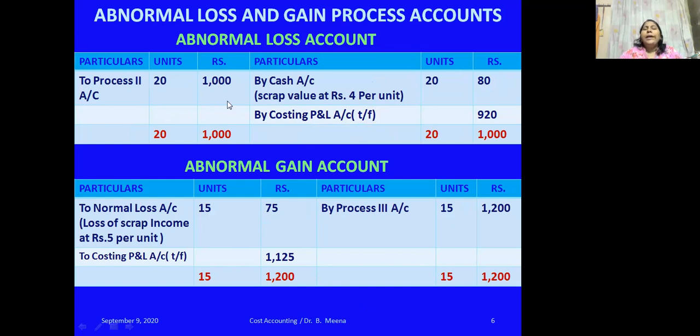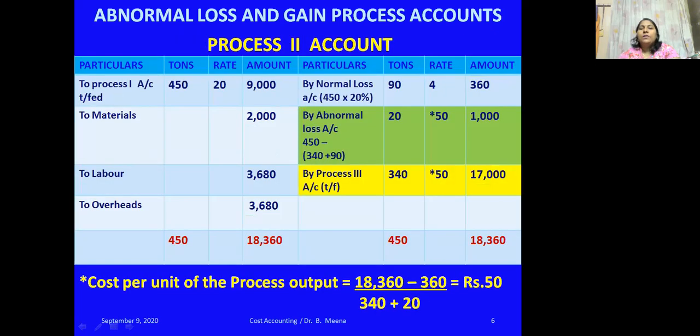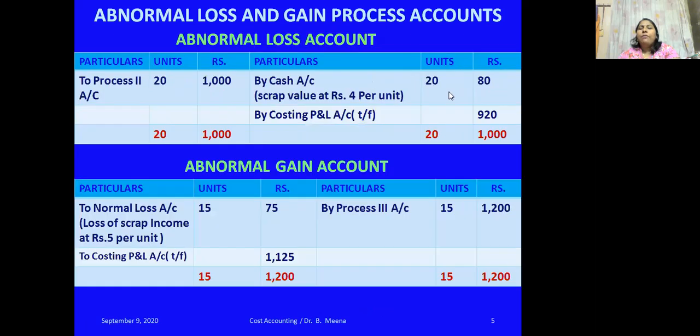And then I need to give this abnormal loss a value at the scrap rate of rupees 4 per unit. What is the scrap value applicable for the second process? Second process scrap is how much? 4 rupees. If I give the scrap value 4 rupees for this abnormal loss, then what could be my cash account? 20 into 4, 80 rupees.